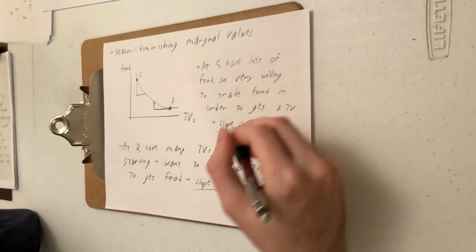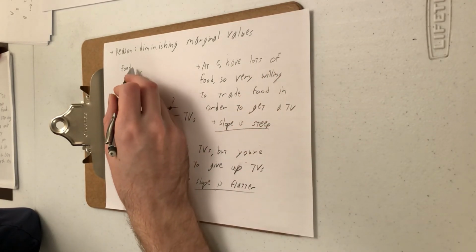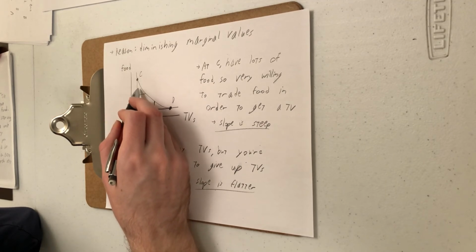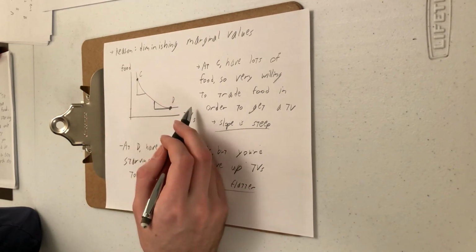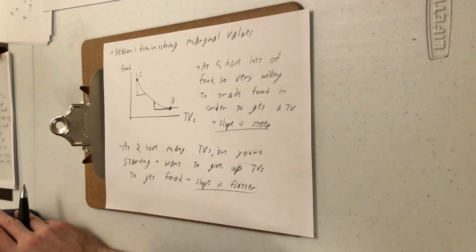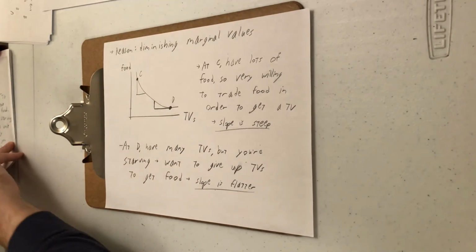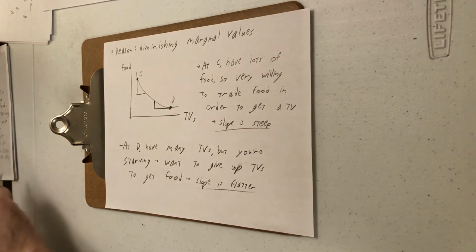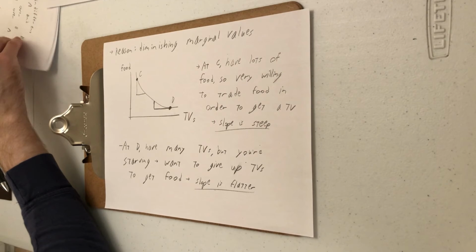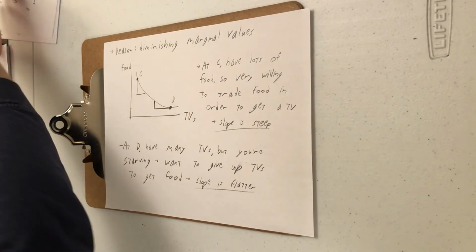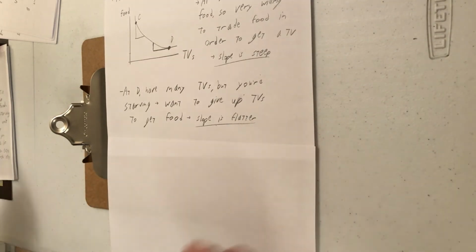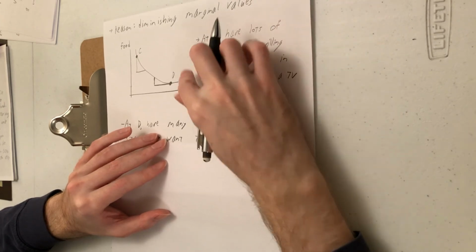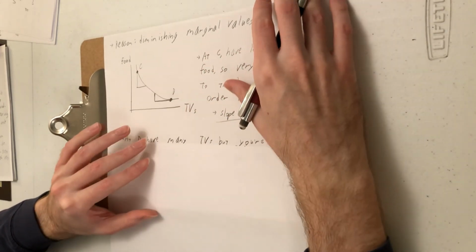So if our curve starts out with a steep slope, where it's almost vertical over here, and that becomes almost flat over here, if it starts steep, becomes flat, that's going to give you a concave shape. If you tried a different shape for the indifference curve, that would not be consistent with diminishing marginal values.